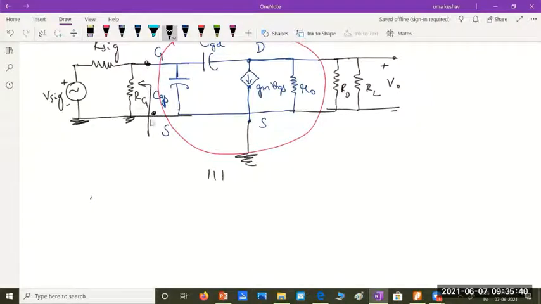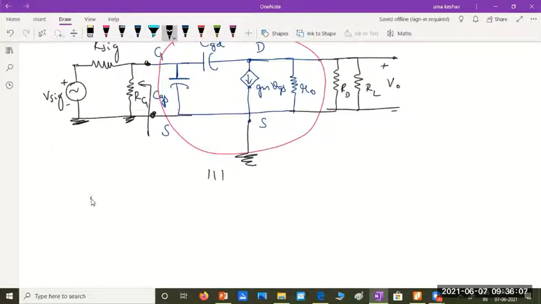If you are looking between the gate and source towards the input side, what would be the Thevenin's equivalent resistance seen here? Whenever you are using Thevenin's theorem, you will consider this source as a short circuit. Any voltage source will be acting like a short circuit, current source as open circuit. So what would be the equivalent resistance? R sig parallel to RG.